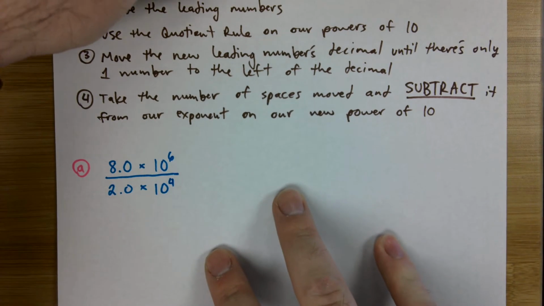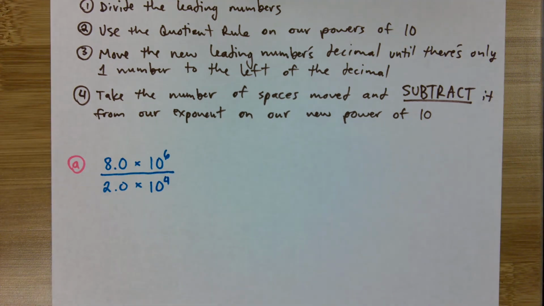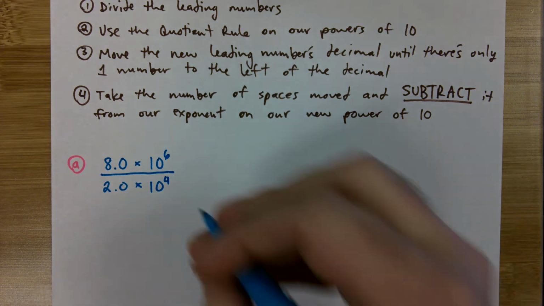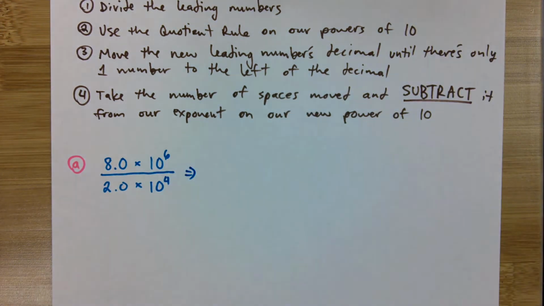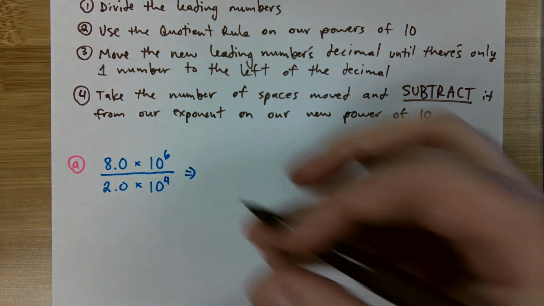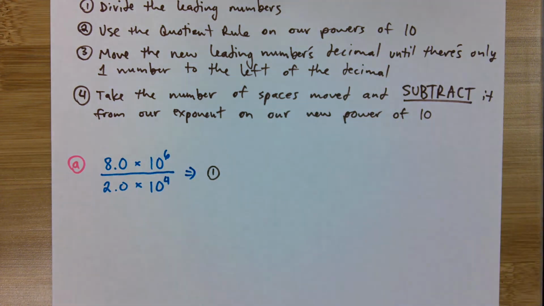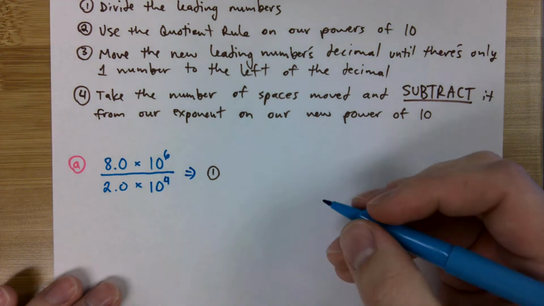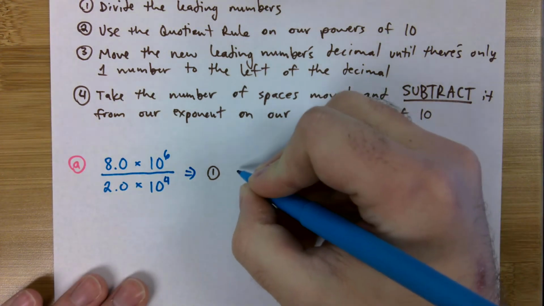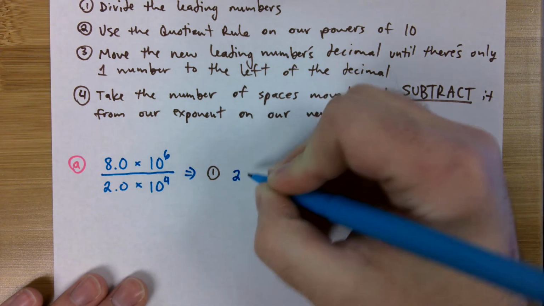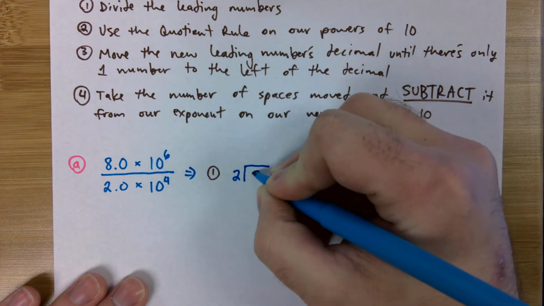So if we have something like 8.0 times 10 to the 6th over 2.0 times 10 to the 4th, our first step is going to be to divide the leading numbers. Okay, so step 1 gives us 8 divided by 2.